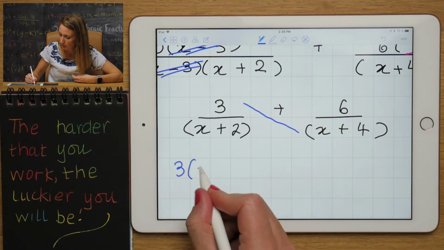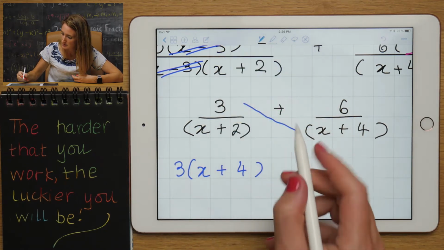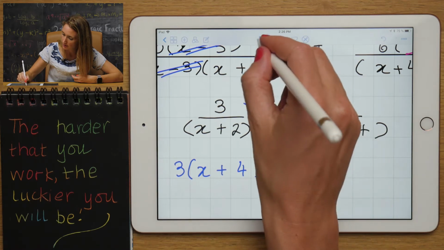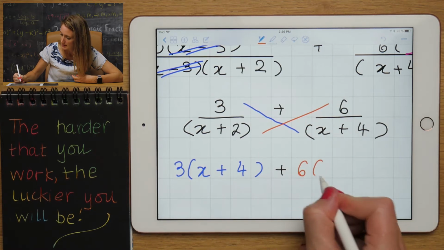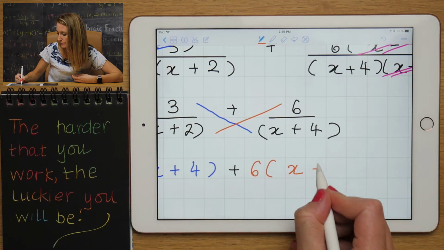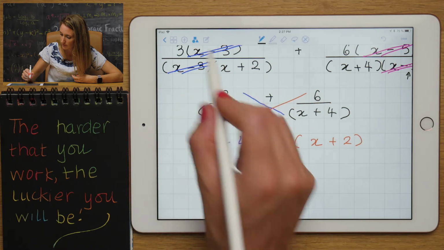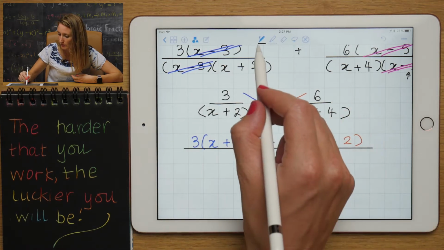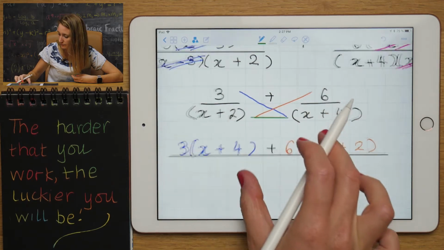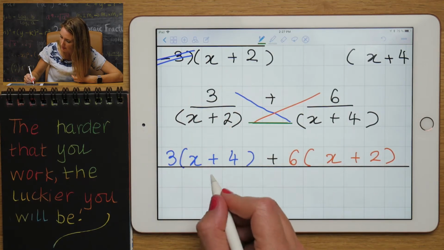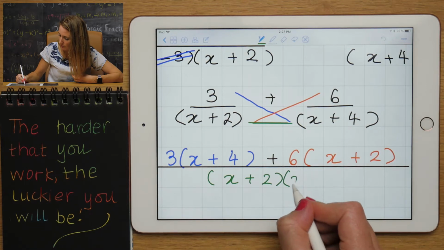So that will be 3 times x plus 4. Then you're going to copy the add sign. You're going to multiply this one with this one, 6 times x plus 2. And to finish that off, you're going to multiply these two together, so that's going to be x plus 2 with x plus 4.